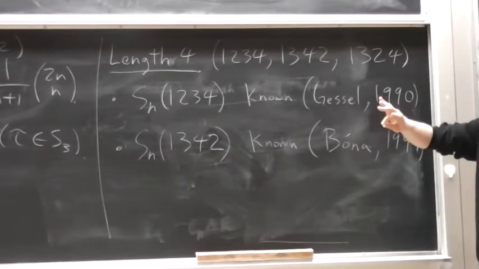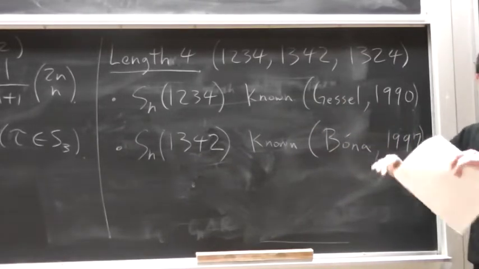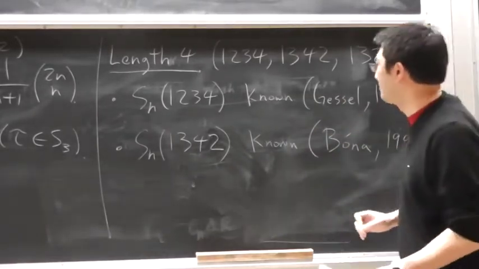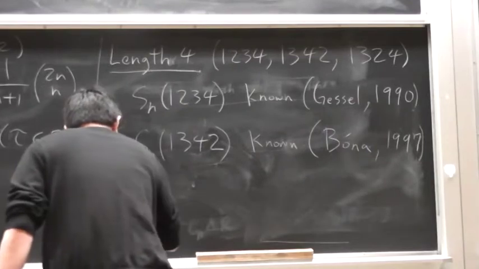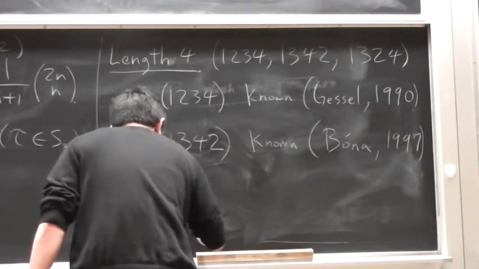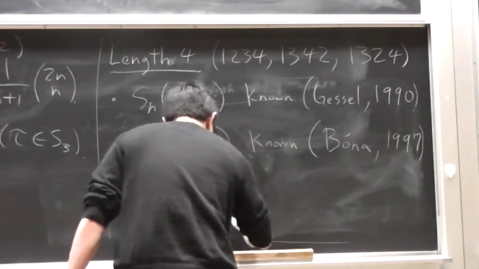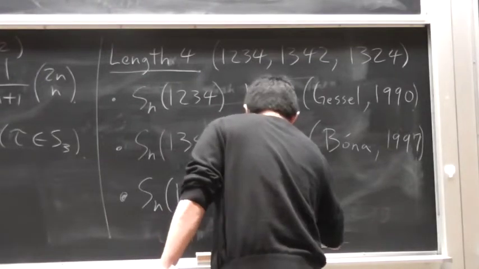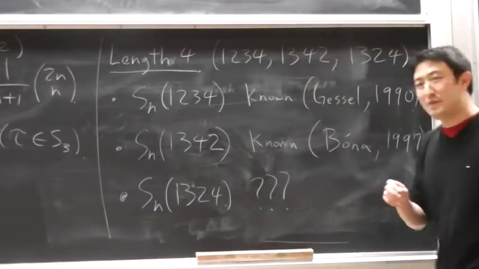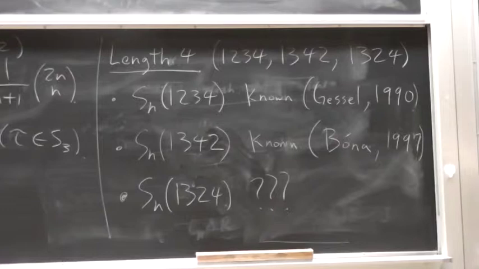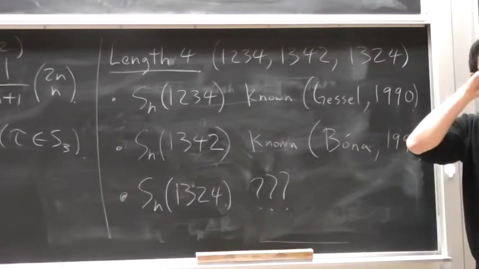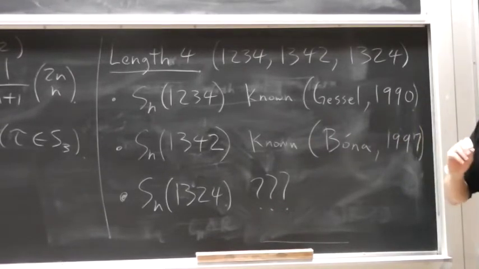So here also, closed form expression is known, generating functions are known, and such. And then the last one, not a whole lot is known. There's no closed form expression known. Nothing really about the generating function is known.